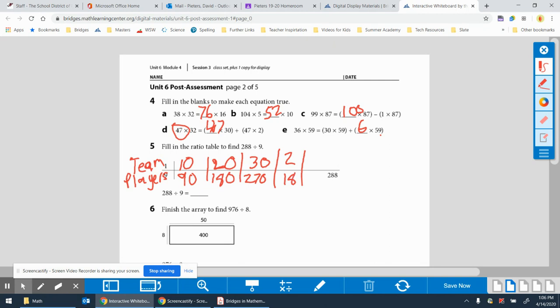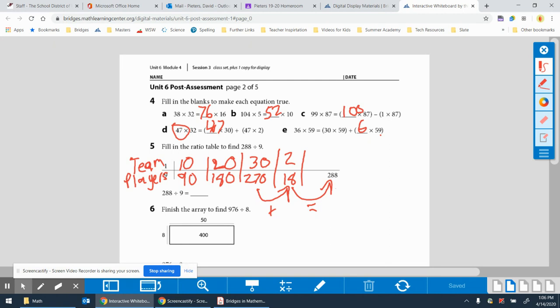Now, here's one of the tricky parts that some kids like to do. They like to try to add everything up here on the top. But we don't want to add everything up on the top. We are simply looking to see which total down here on the bottom gets us to that 288 over here. So when we go back, we added the 270 plus 18 to get to 288.